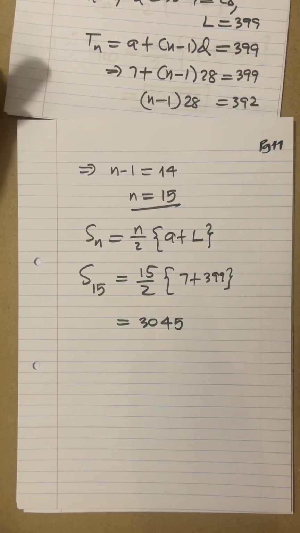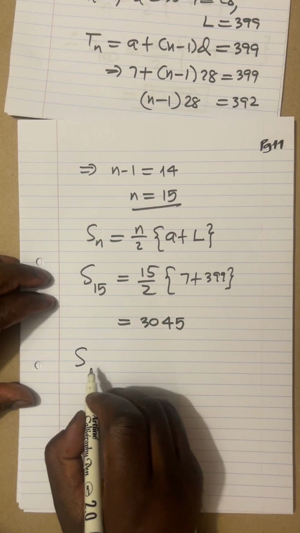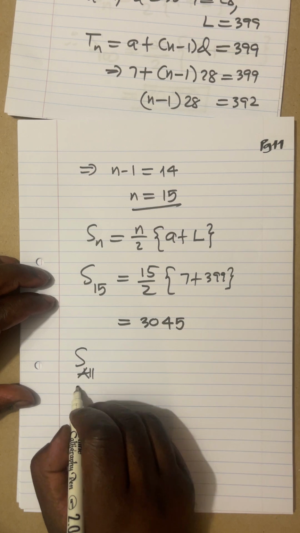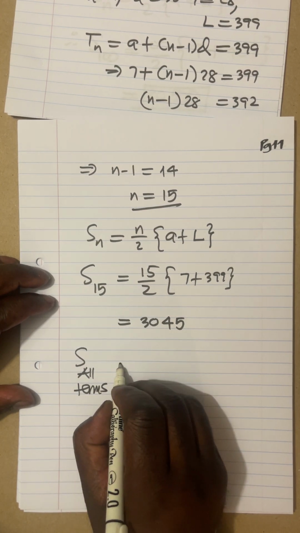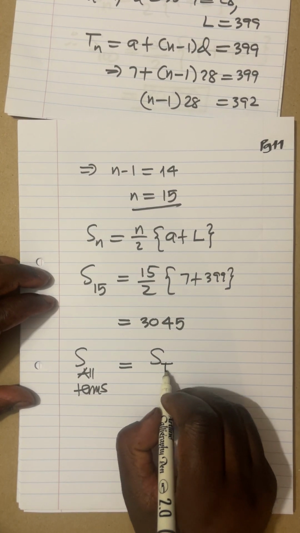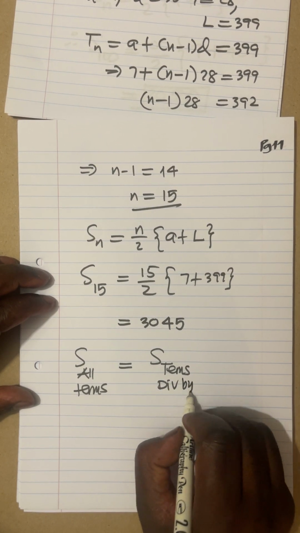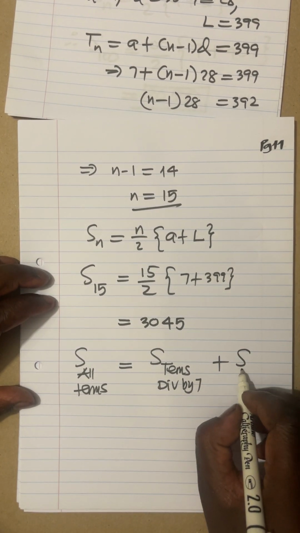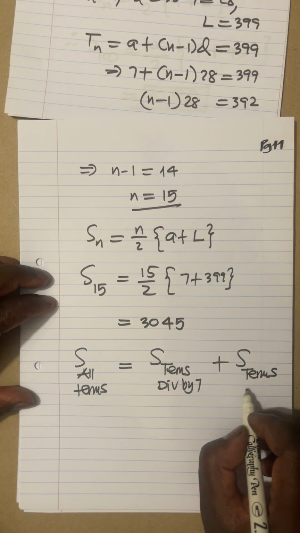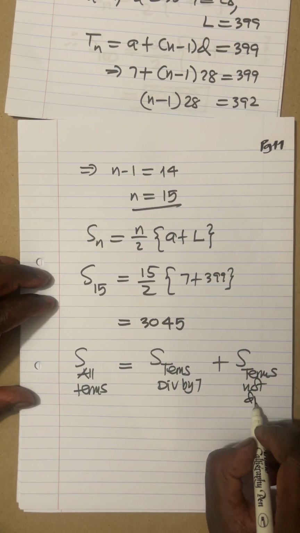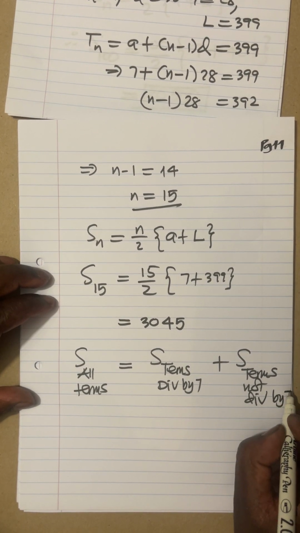So here is where our last step is. The complementary rule says the sum of all terms is equal to the sum of terms divisible by 7 plus the sum of terms not divisible by 7.